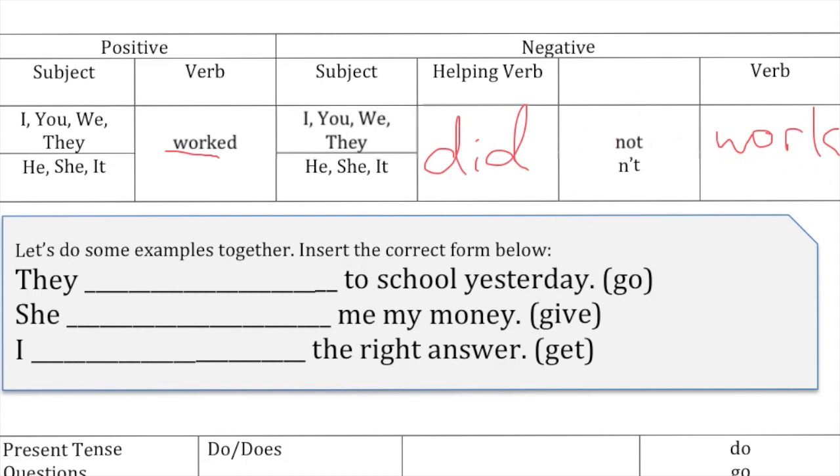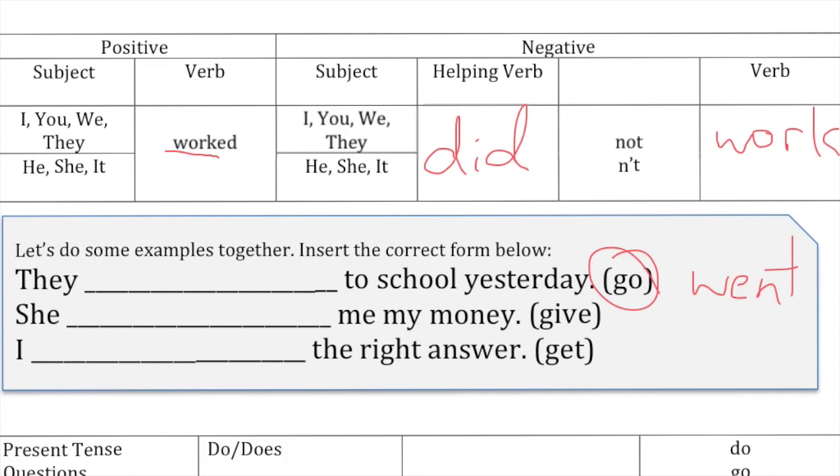Now, let's try some of these examples down here. Insert the correct form below. They blank to school yesterday. Now, if you remember, is this a regular or irregular verb? Does the word change when it goes into the past very differently? You should say yes. If you look at other sheets that I've given you, if you remember from your English, go in the past tense becomes went.